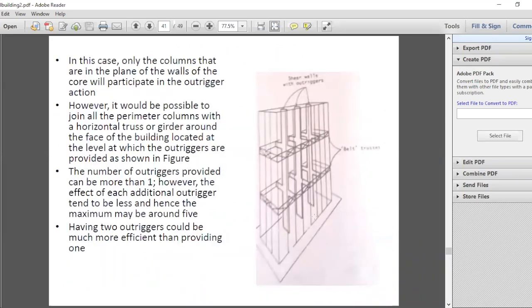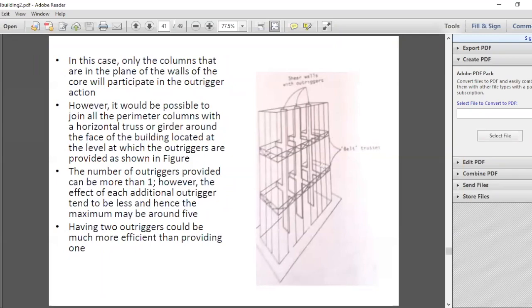But one of the problems with these outriggers is we cannot have outriggers everywhere. We will have outriggers only in one or two planes. But there are columns on so many other planes on the outer periphery, and all those columns will not be acting together with the outrigger. So what we do is, from the outrigger, we introduce something called a belt truss. Again, a deep beam that will connect all the columns on the outer periphery to the outriggers.